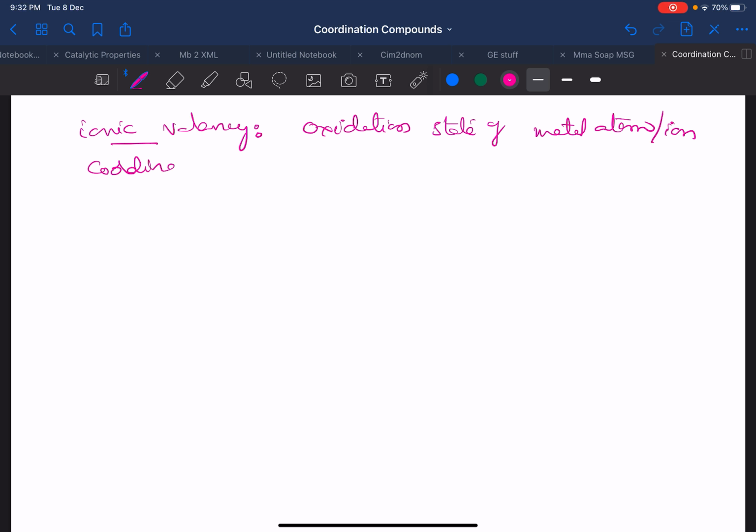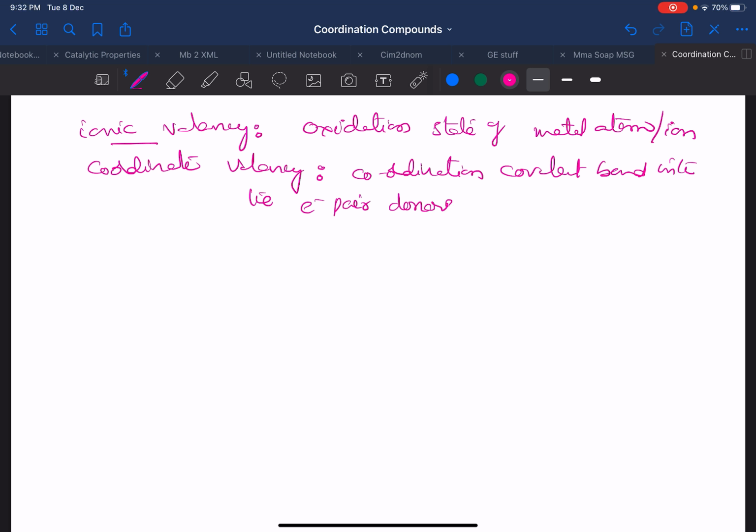Coordinate valency is exhibited by the metal atom which is involved in the coordinate covalent bond with the electron pair donors. So these are the two types of valencies exhibited by the central metal atom. First one is ionic valency and second one is coordinate covalent valency.